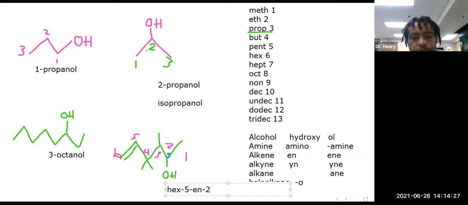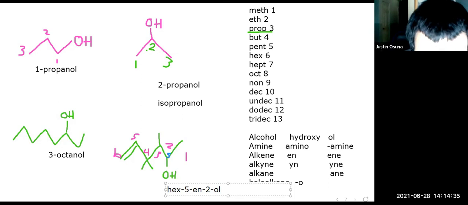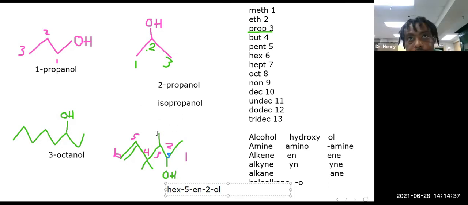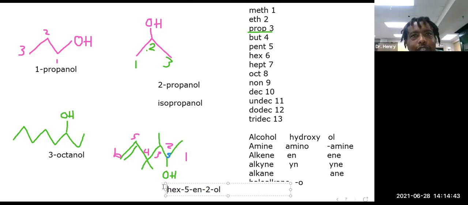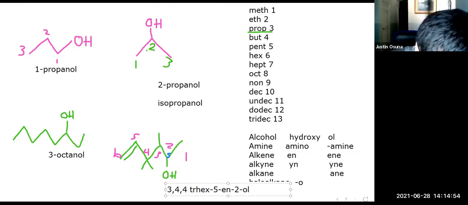So it'll be 2 ol. And then is there a methyl group? Yes, on 3, and there's also two on the 4. So then I'd call that 3, 4, 4 trimethyl.